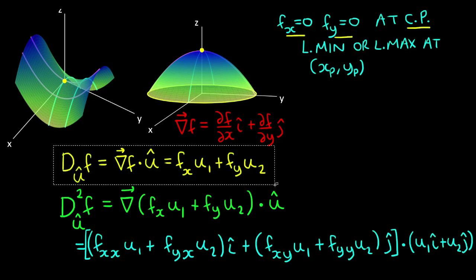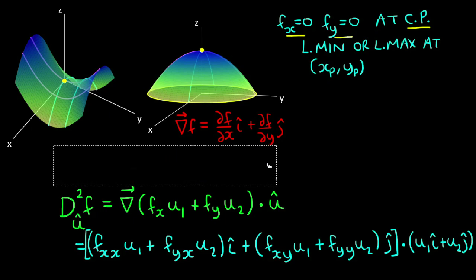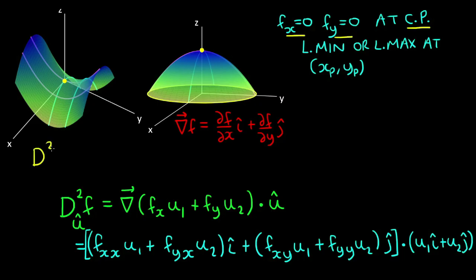So let's simplify this over here. We get the second derivative of the function f in some arbitrary direction in the xy plane, and we multiply the i components together.